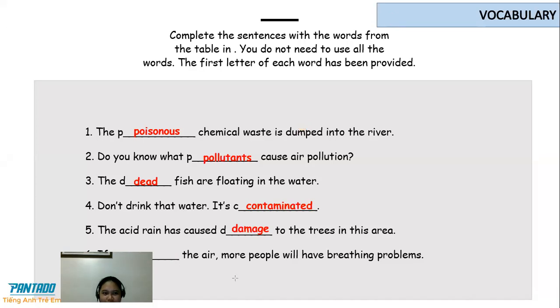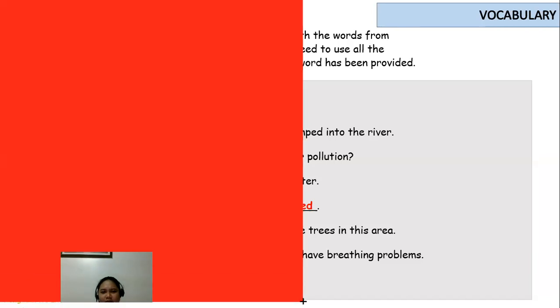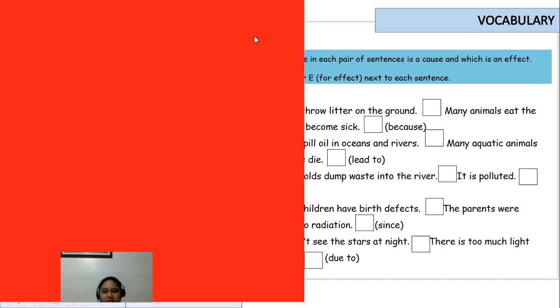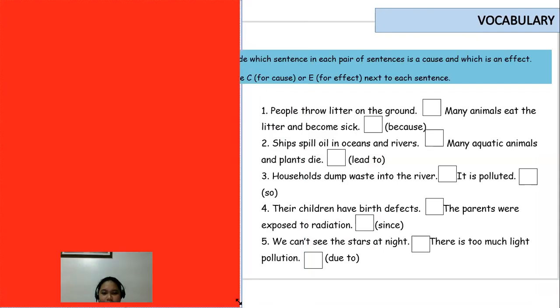Cause is the reasons why make something. And what about the effect? Effect. Again, effect. What is that? The consequence.